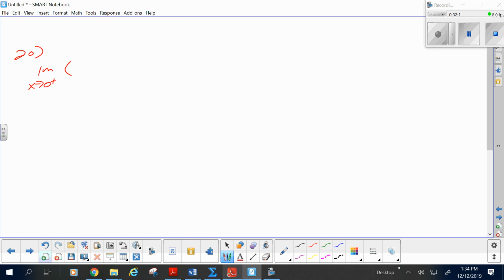E to the x. Okay, so form-wise, this is e to the 0, so it's 0 to the 0. That is an indeterminate form, so I'm going to proceed with the exponential method, which is e and log.